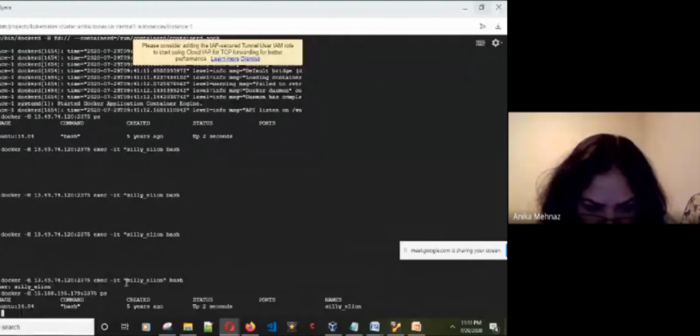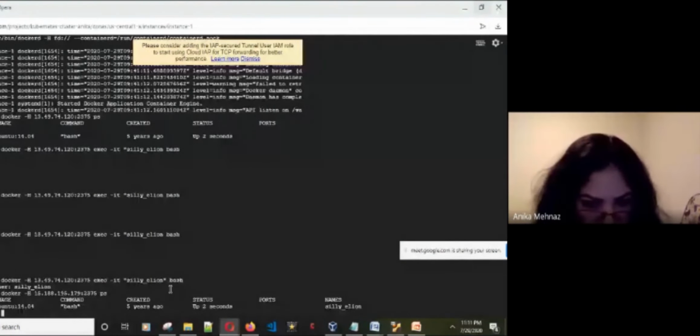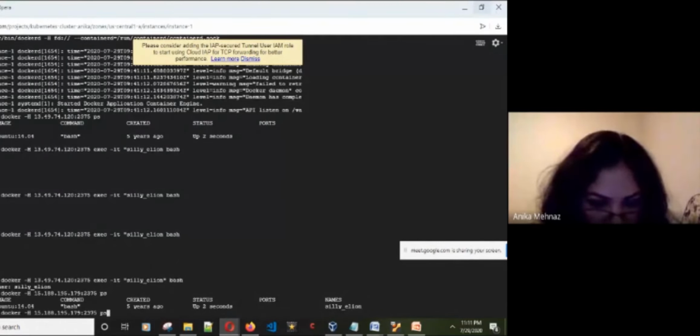Okay, these are all just one container. I was looking for something with more than one container. Okay, let's try this one. If this doesn't work, then I don't know. I hope it works. Let's see.